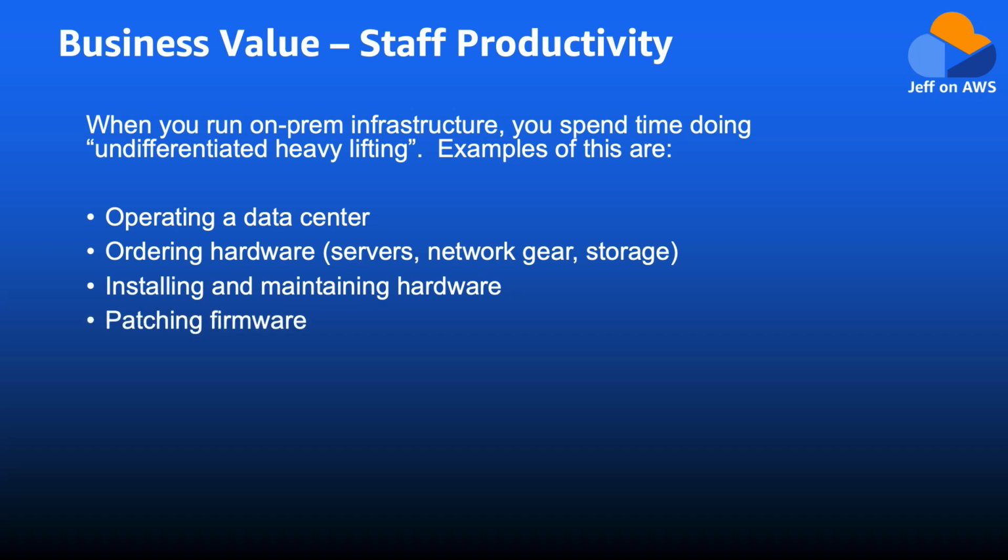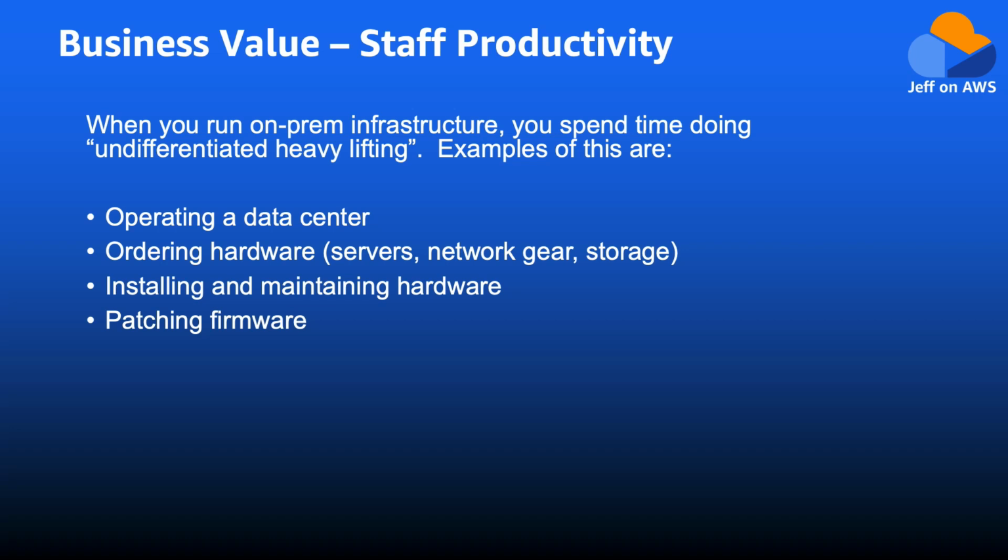I mentioned patching firmware as an example. If you don't patch firmware, you might expose yourself to security risk, and to downtime due to bugs in the firmware. So companies ask, should we patch? Will the new patch cause downtime, or will the lack of patching cause downtime? You have to play that guessing game.